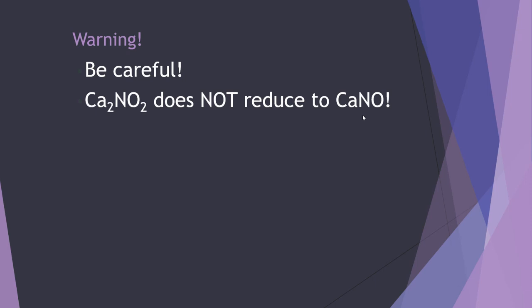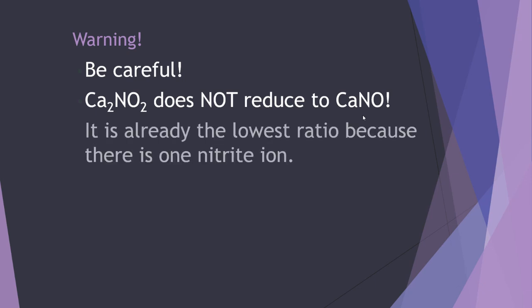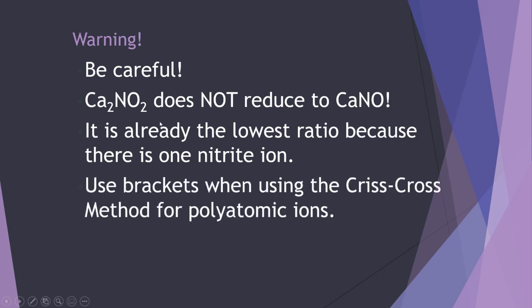Okay, so you've got to be careful as you're trying to simplify and reduce that you put parentheses around anything that would need multiple groups of that atom or that polyatomic ion. So this Ca(NO2)2 is already the lowest ratio because there's only 1 nitrite ion. Use brackets when using the crisscross method for polyatomic ions.